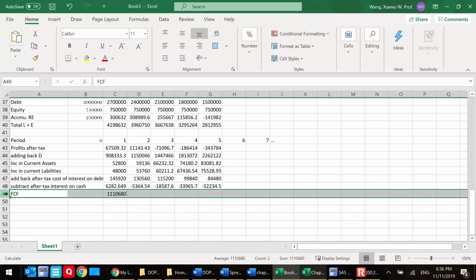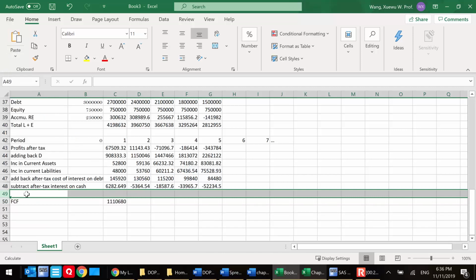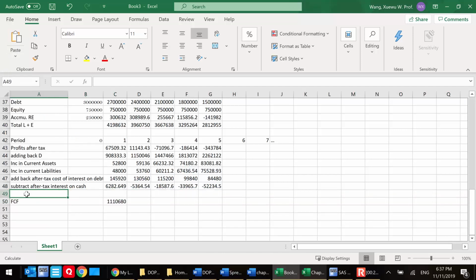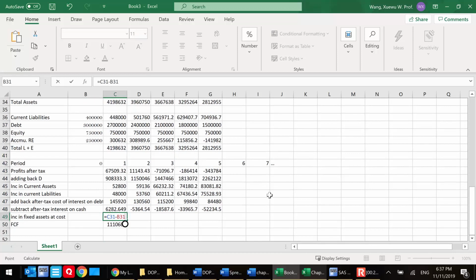Oh, yes, there's one item for fixed assets, the cost, which is actually capital expenditure minus depreciation or increase in net fixed assets, the cost. So I need to actually put back this, right? Increase in fixed assets at cost, right? So this is going to be equal to the fixed assets at cost for year 1 minus the fixed assets at cost for year 0, right?